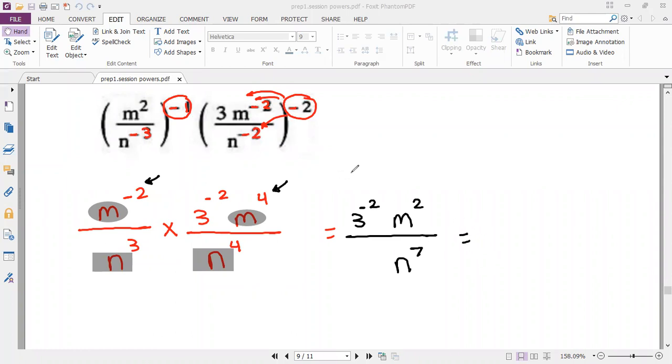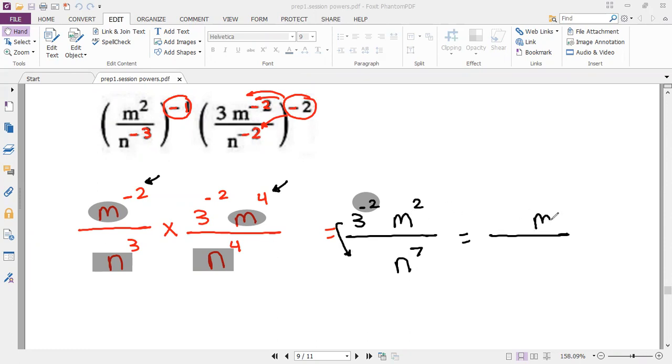I finished it, but I have a problem here, which is having a negative power at the top, which is negative 2. So how can we make it positive? Just change the place. We have two places, numerator and denominator. So just move it down with the positive power.